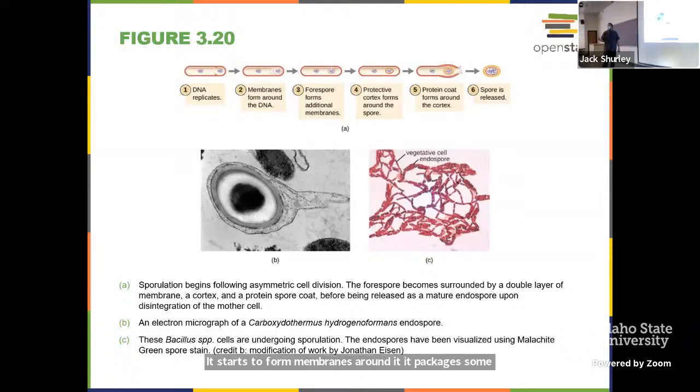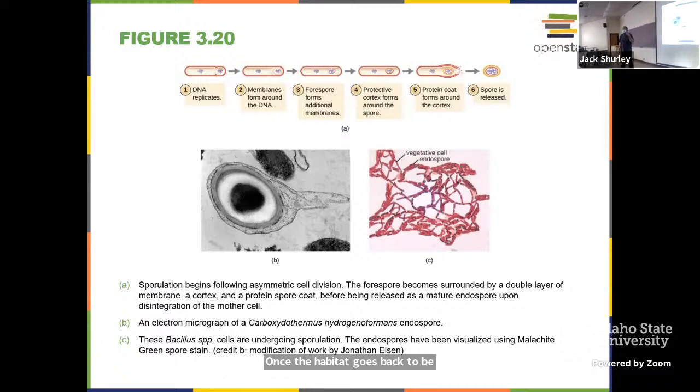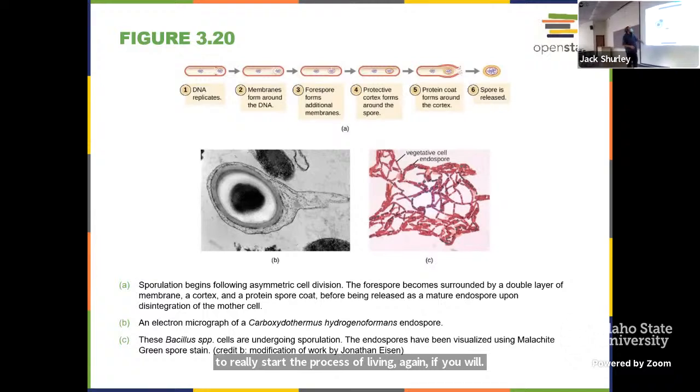There's a handful of enzymes that get packaged up inside of this membrane as well. Things that are going to be needed once the habitat goes back to being suitable, right? You need more than just your nucleic acid. You need the ability to really start the process of living again, if you will. Maybe we should say waking up because they're not dead.